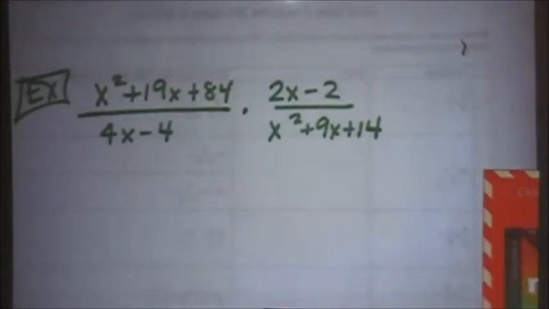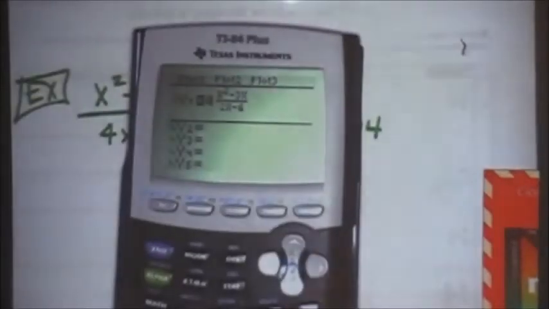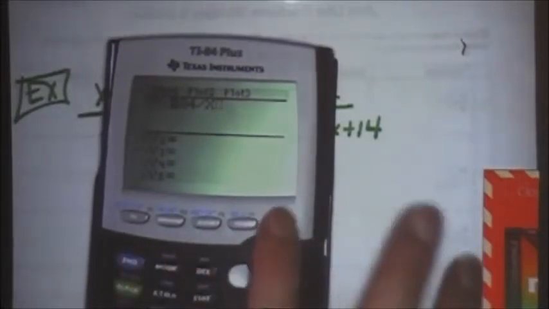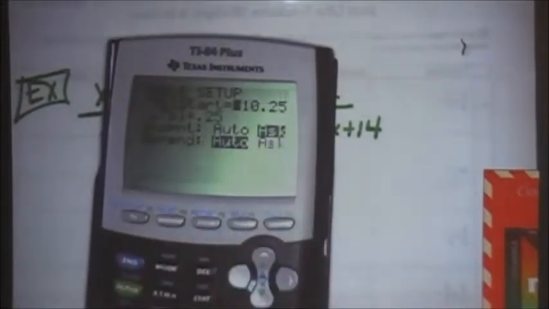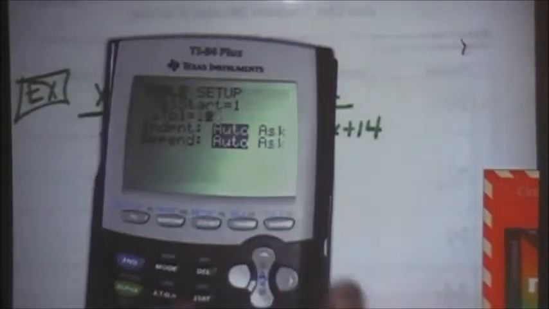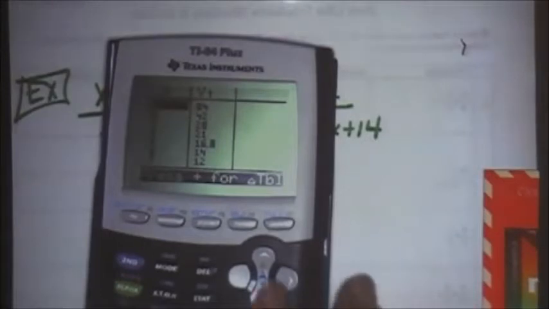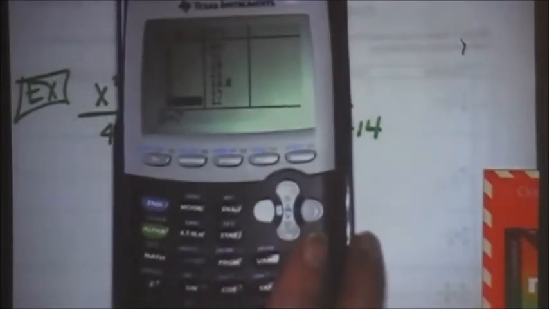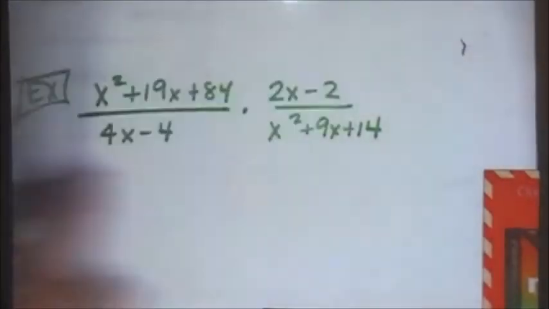Now, if you're not real sure of all your factors of 84, don't forget we have a little trick that we can use on our calculator to find our factors. I can plug 84 divided by x in my calculator, and then I go to the table and change my table setting back to auto. When I go back to the table, I am looking for two factors that would combine to give me 19. So I can scroll the table till I find them. And there they are, 7 and 12.